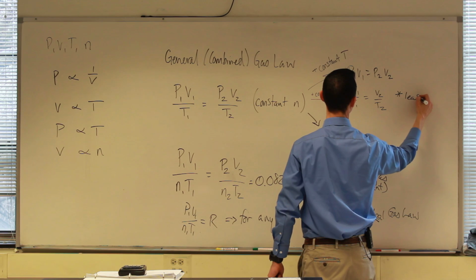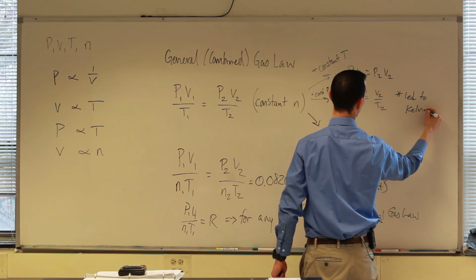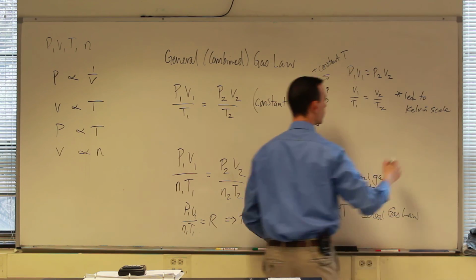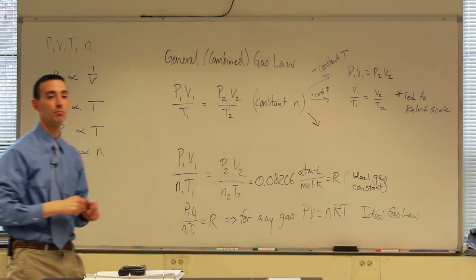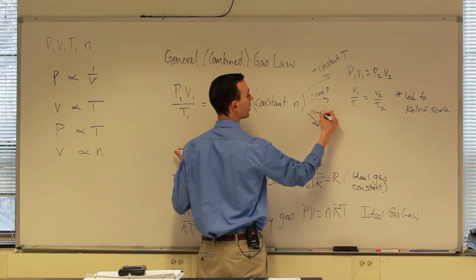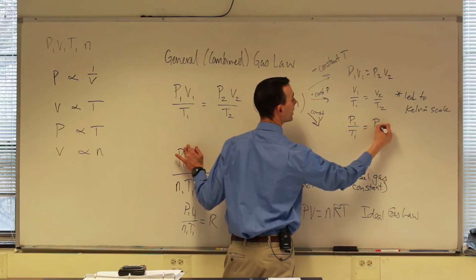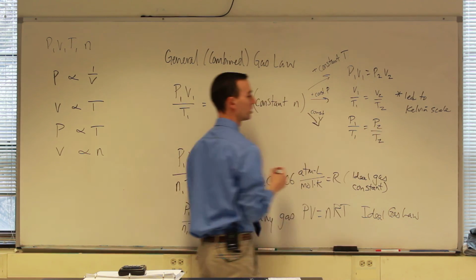This was the gas law that led to the Kelvin scale, as it turns out. Just to give you some historical context as to why that was an important one. And lastly, the third variable, if we were to go ahead and hold volume constant, we would end up with P1 over T1 equals P2 over T2.